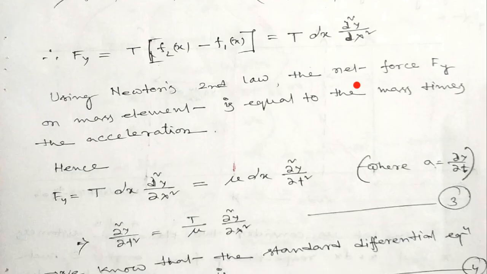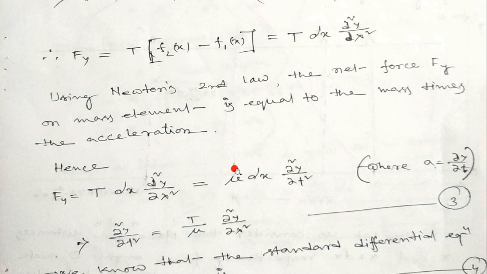Now, we will use Newton's second law, which is what? The net force on the mass element is equal to the mass times the acceleration. So, total force is equal to mass into acceleration. Here mu is the mass per unit length of the string and delta x is the length of the element.